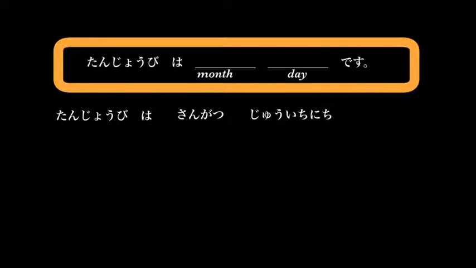So if you're saying my birthday is the 11th of March, 誕生日は3月11日です。 If your birthday happened to be in December, 誕生日は12月 the 12th month, December. 5日 from our list, meaning the 5th day of the month, です。 My birthday's the 5th of December.